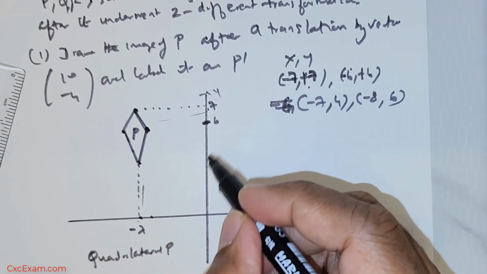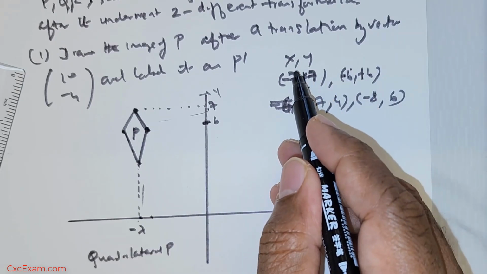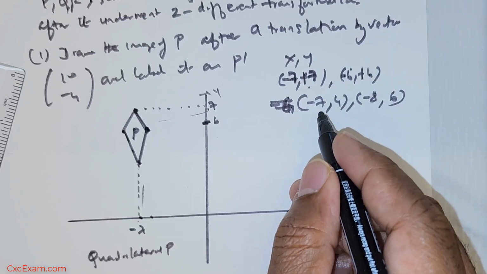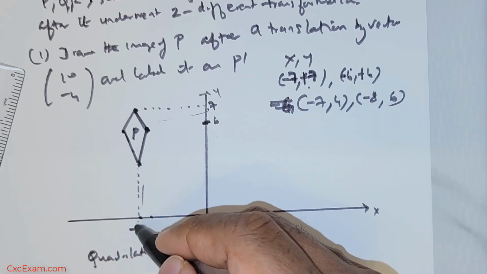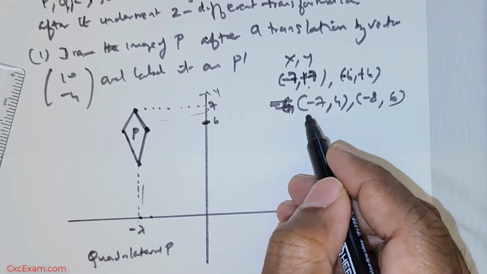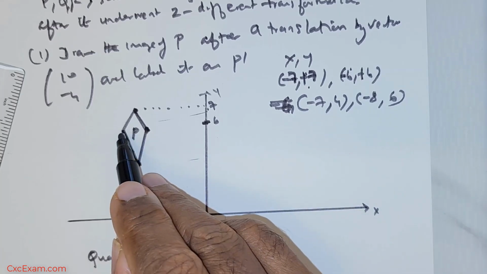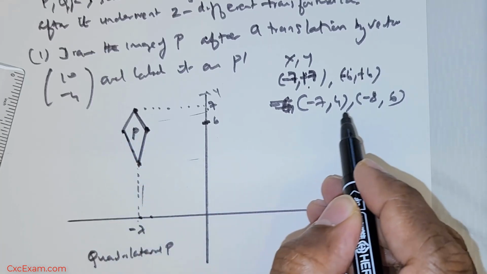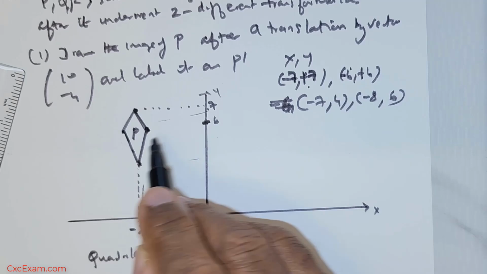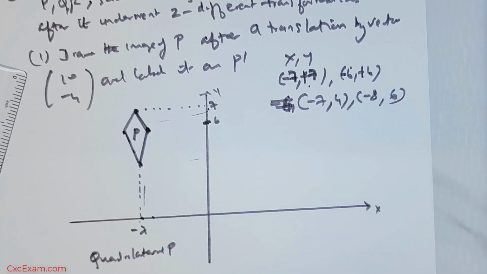The first component refers to the x coordinate. So coming up to the next point, this is going to be -7 and across it's going to be +4. And for this point, you drop in, you would correspond to -8 and across would be +6.